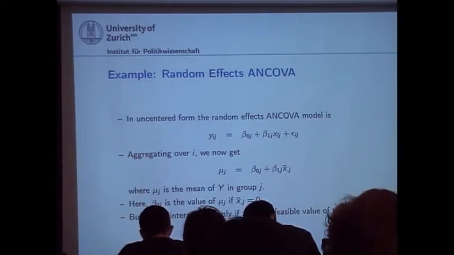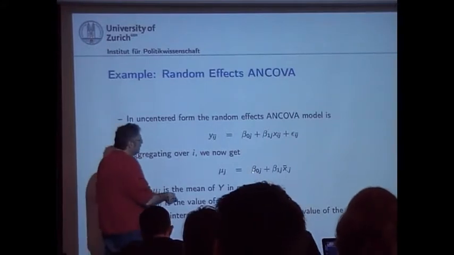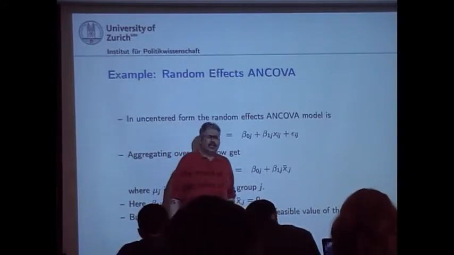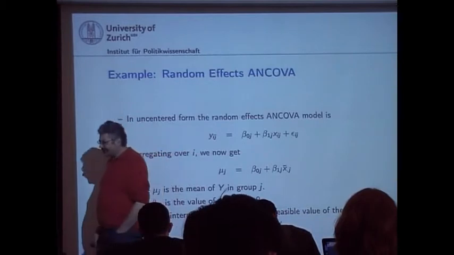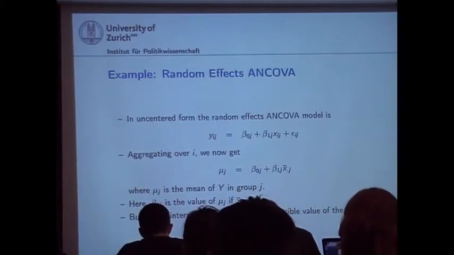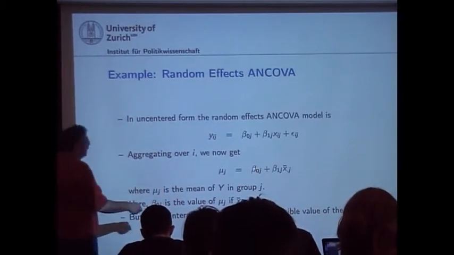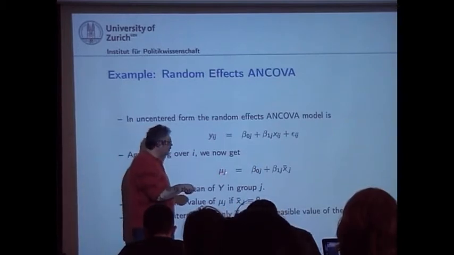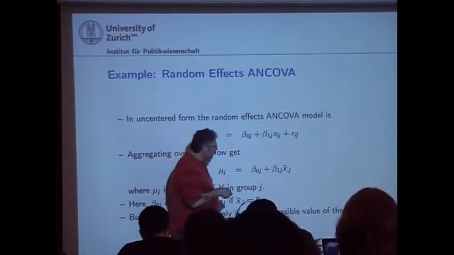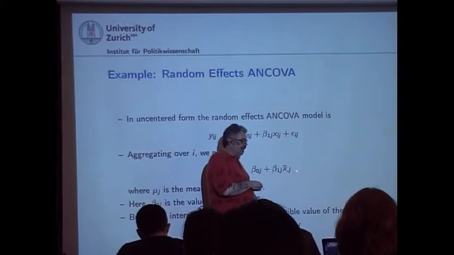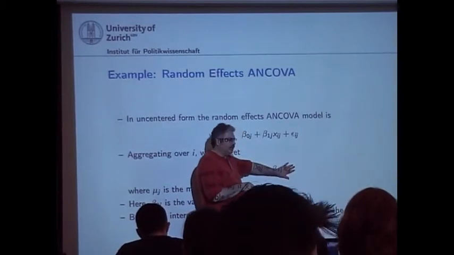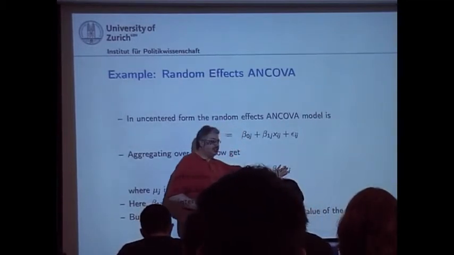Now, when we want to interpret this beta 0j, then what we have to essentially do is to say, well, beta 0j is the value of the mean of y that I would expect when x bar dot j is 0. So when this is 0, this second term disappears.